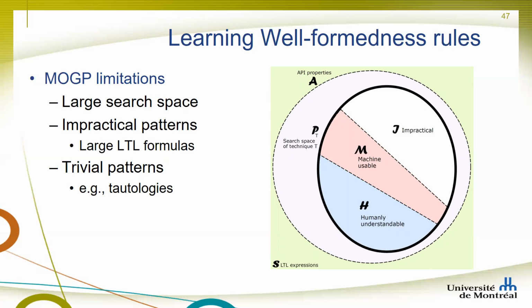We could have impractical patterns, so large LTL formulas. This is why we divided this space between impractical, something that is too big and does not mean anything, machine usable, which is a more controlled one that we could automate, and humanly understandable, because a temporal logic formula is horribly difficult to understand, even small ones.